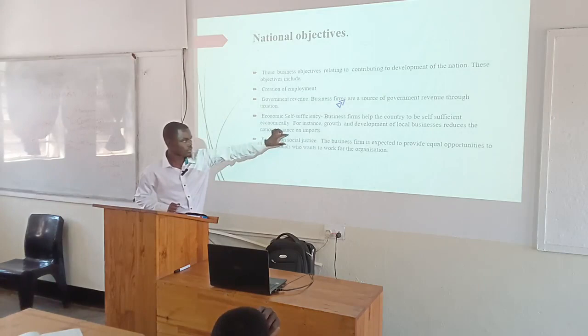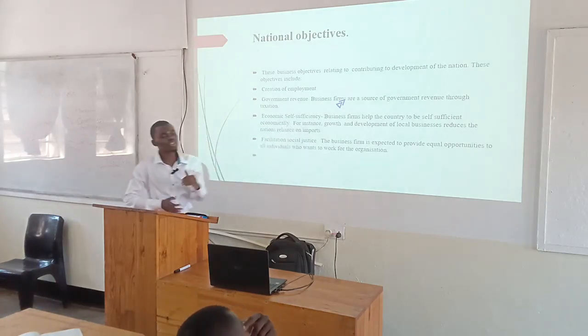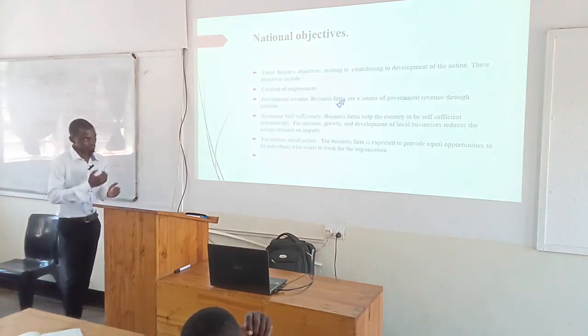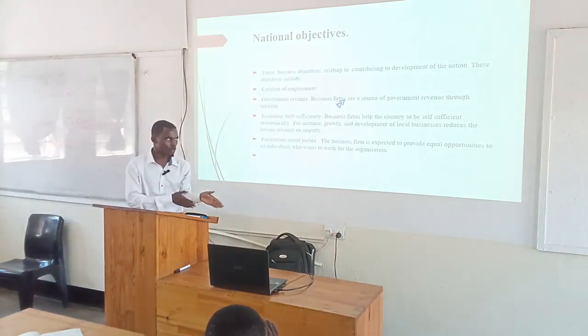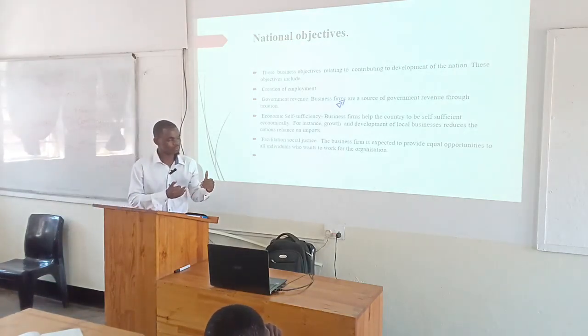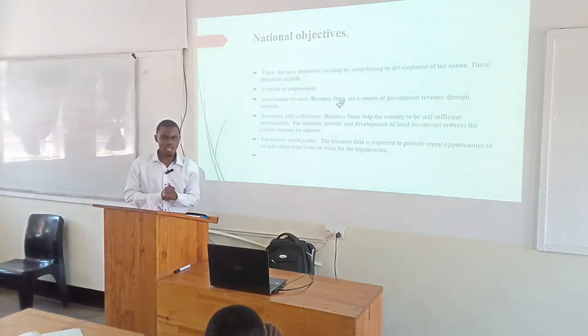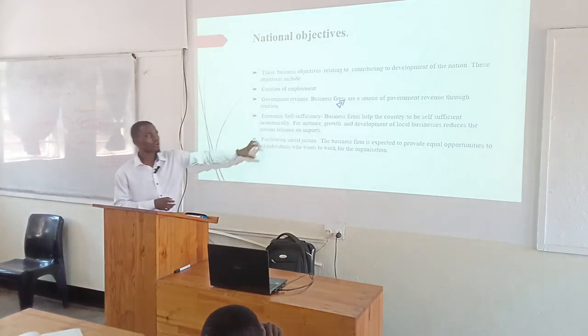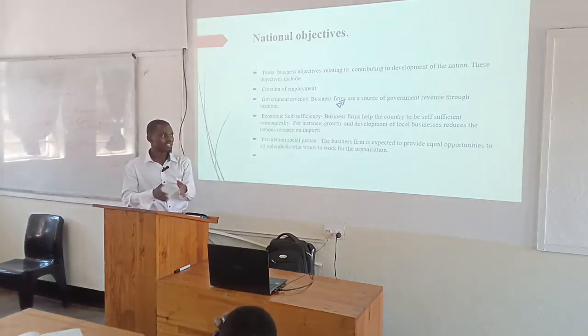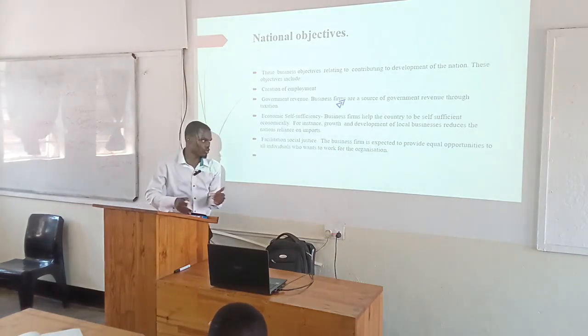So how do they do this? When organizations are employing people, they don't look at where the person is coming from, or the age of a person, or, for example, the height of a person. They are looking at the competences. Does this person have skills? Is he or she competent enough to be on this job?